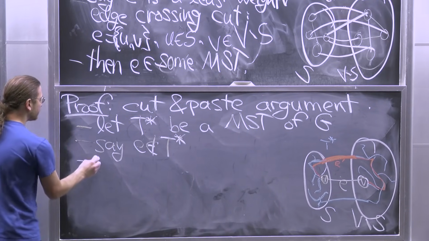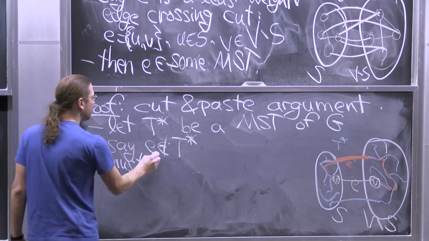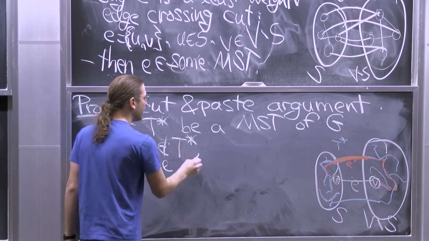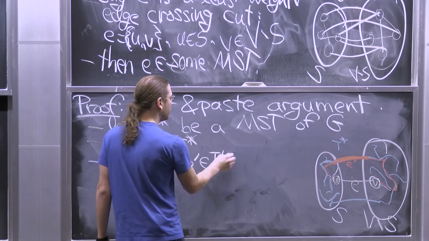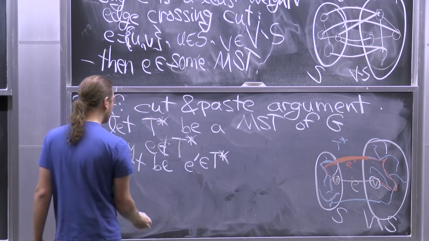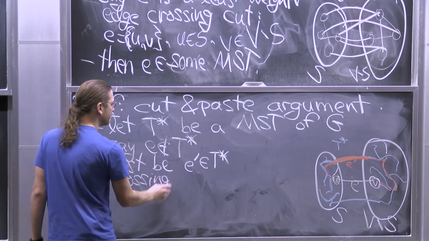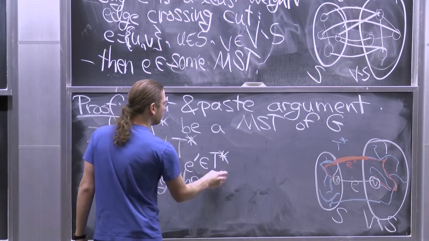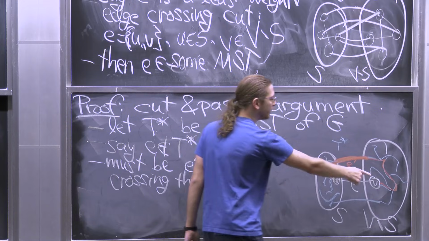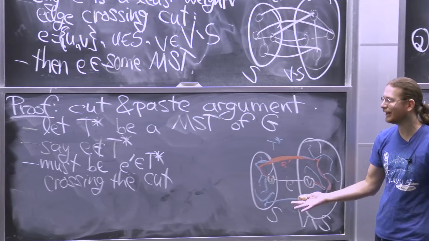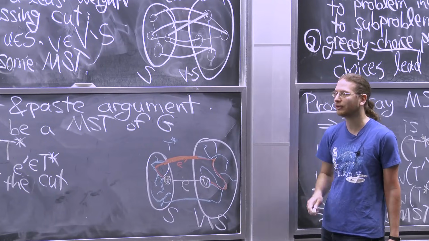So there must be an edge E prime in the minimum spanning tree that crosses the cut, because U and V are connected by a path, and that path starts in S, ends not in S, so it's got to transition at least once.